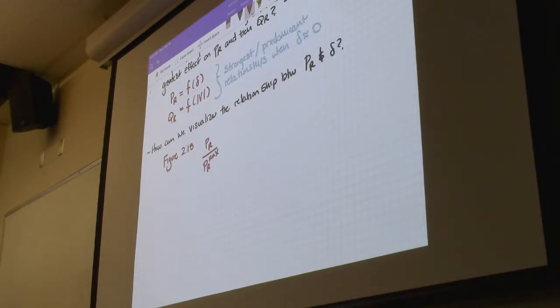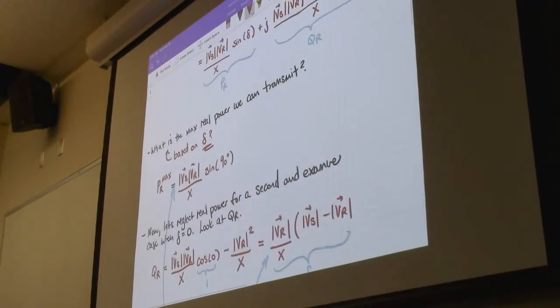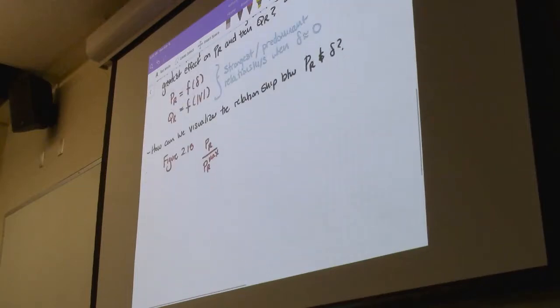That means that now the y-axis will go between 0 and 1, right? Where the maximum value was this up here, that's our PR maximum. So the y-axis will go from 0 to 1: 1, 0.5, 0. And on the x-axis, I'm going to have delta. So we have 0, 90, 180.